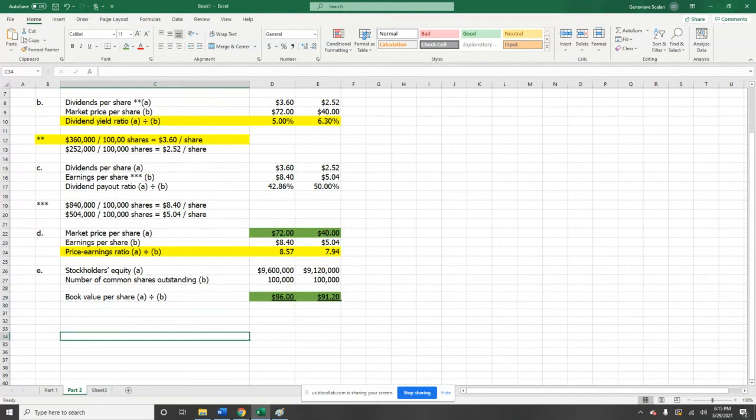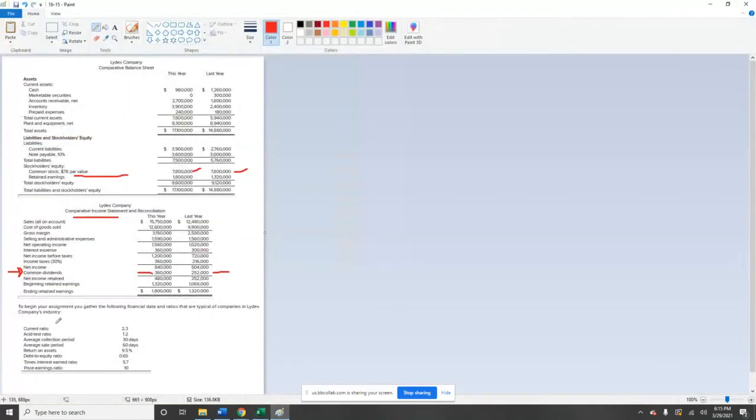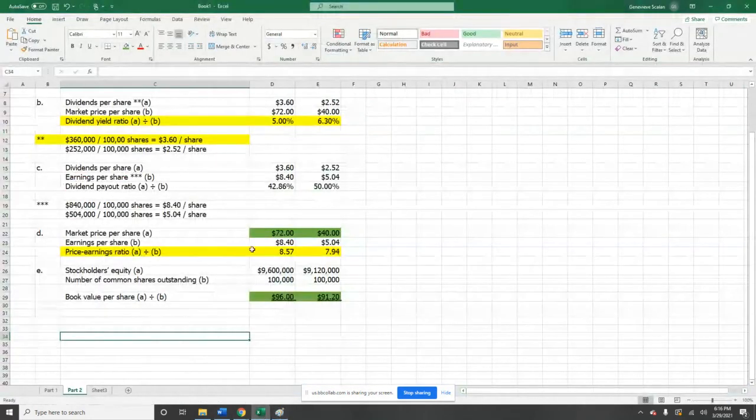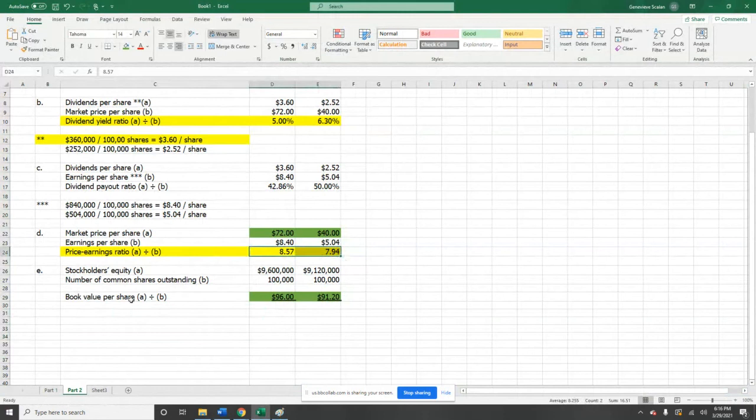And in your book, we'll go over here and look at this. They're giving us some financial ratios that are typical for companies in this industry. If you look, you see how this PE ratio is 10? Well, our PE ratio is only 8.57. So this company is not earning as much per share as others, so people aren't too happy with them.